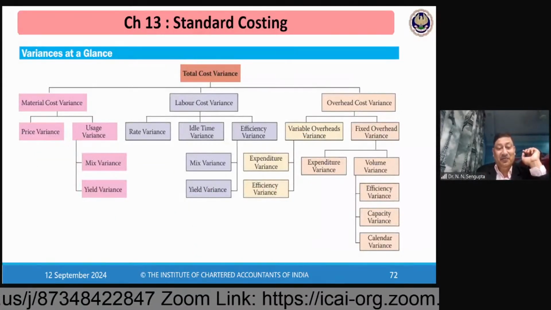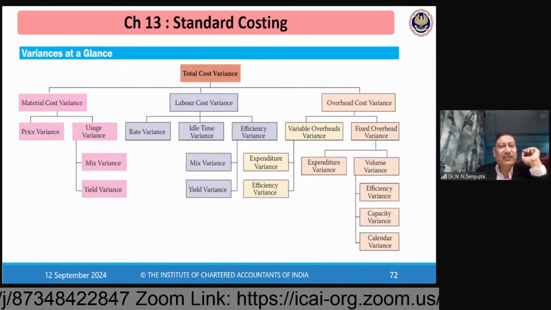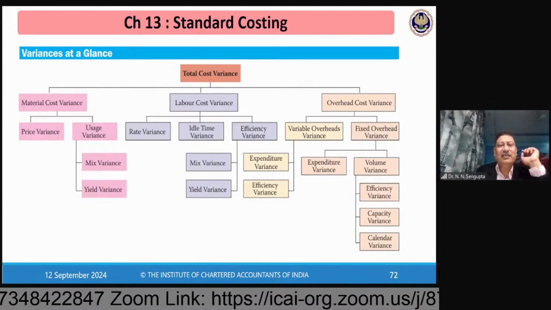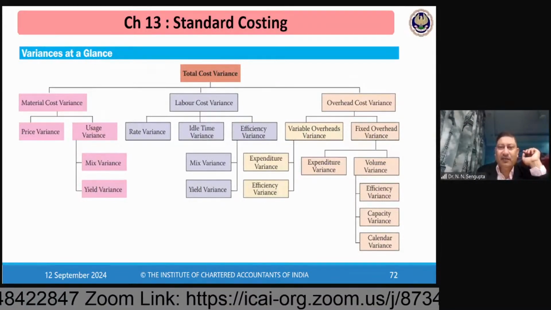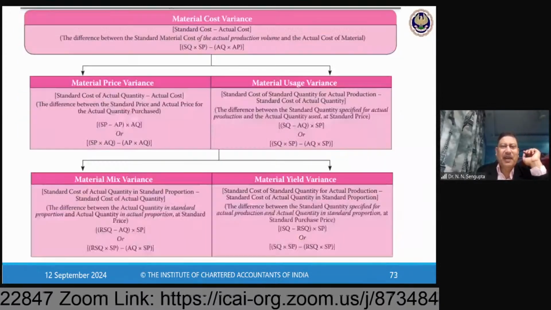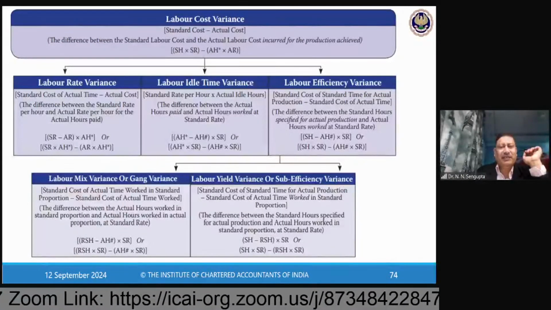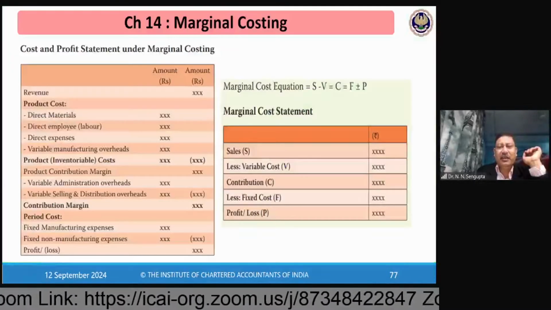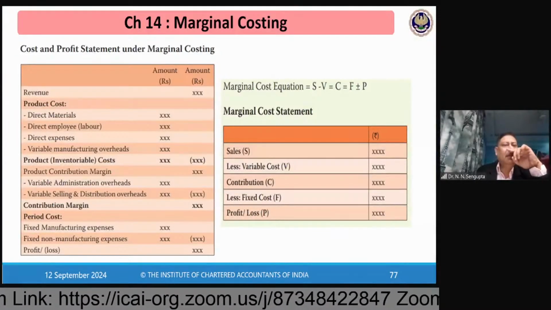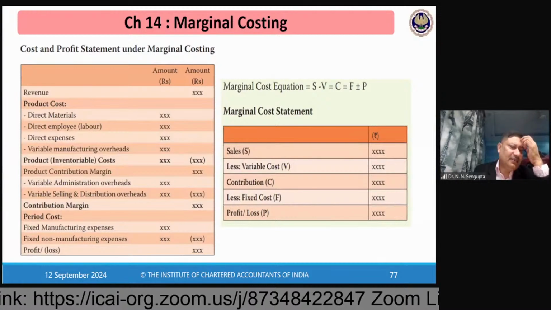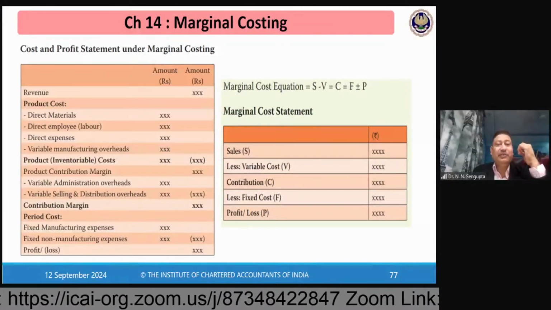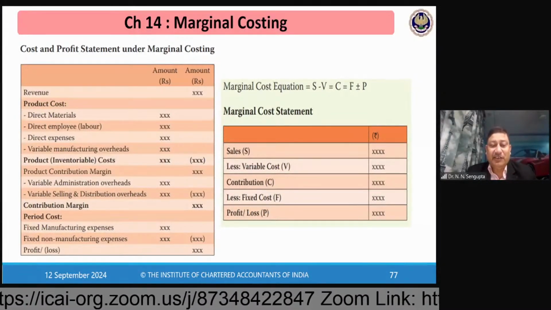Then standard costing, and in standard costing I will request all of you to understand the concepts rather than mugging the formula. Understand the concept and practice a lot. Obviously, a summary will be provided to you by the respective faculty, and you will be getting some numericals also. And at last, another decision-making related chapter, which is costing as per marginal costing.